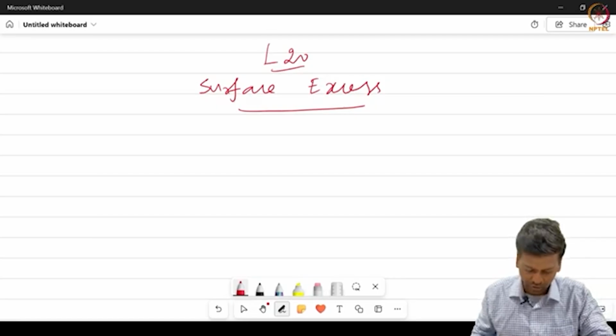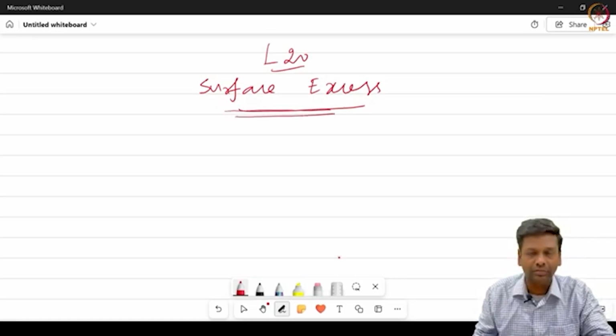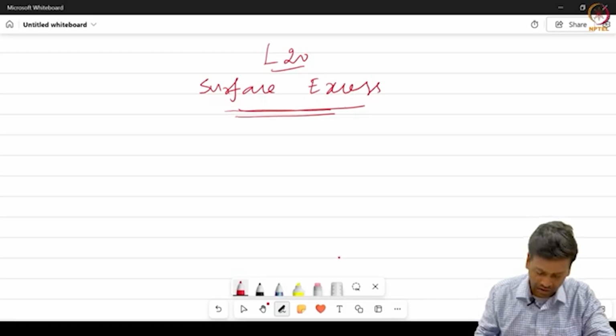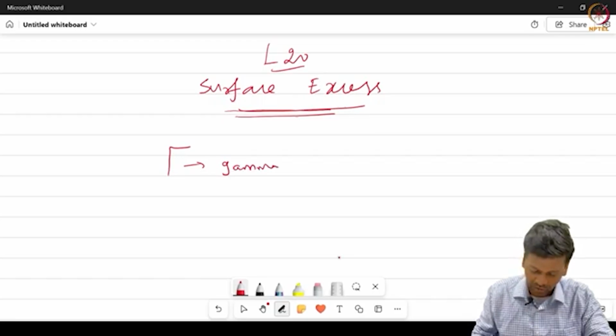When we talk about surface excess, it is often denoted using the Greek letter gamma.